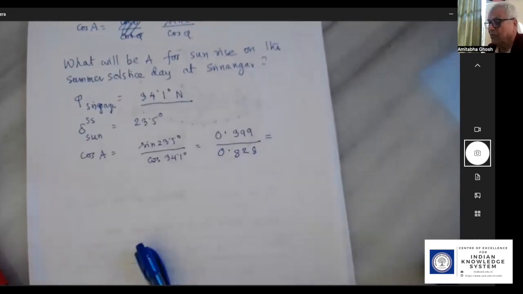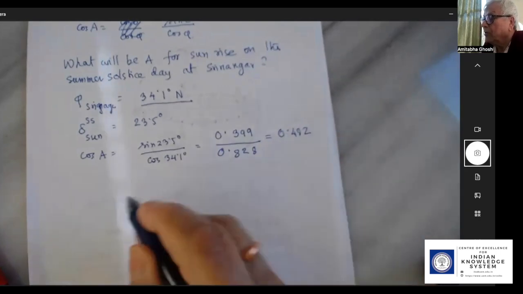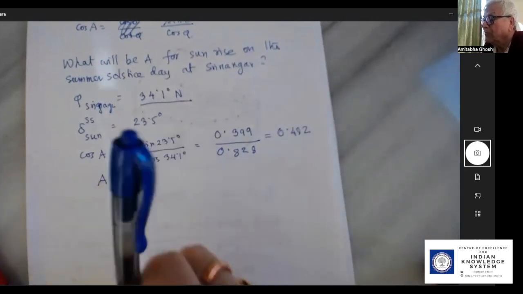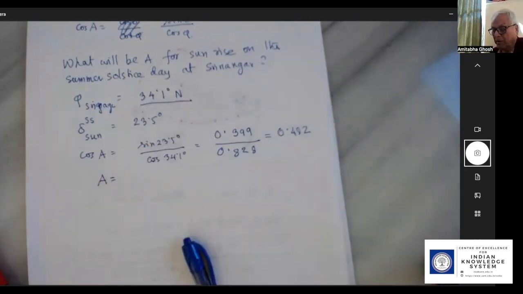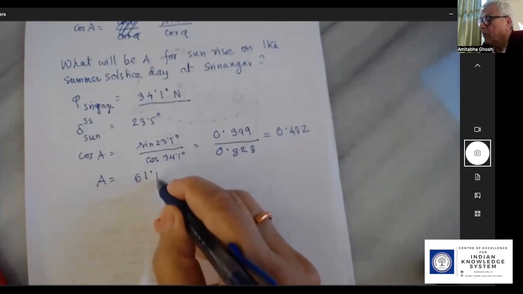This is equal to 0.482. So A will be equal to cosine inverse 0.482. That is 61.18.